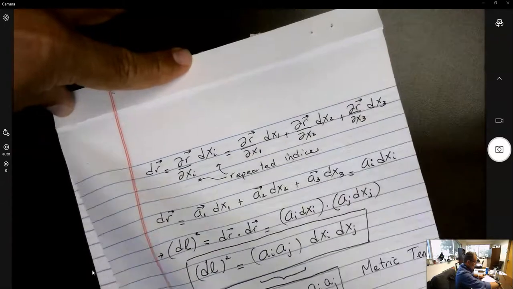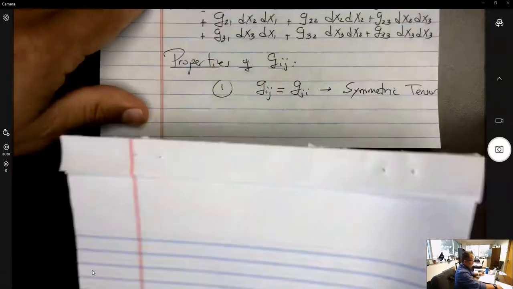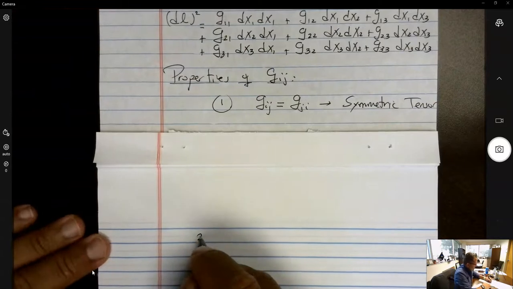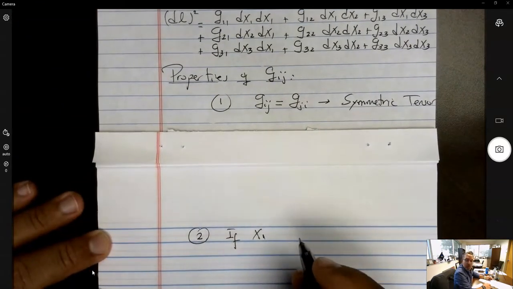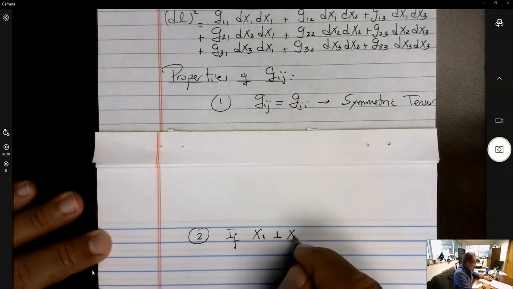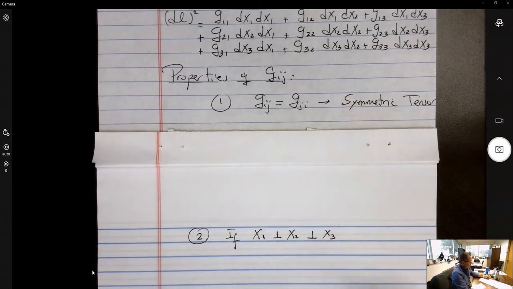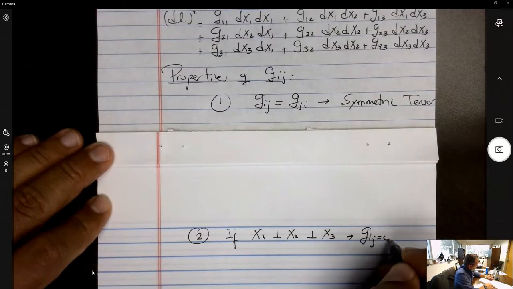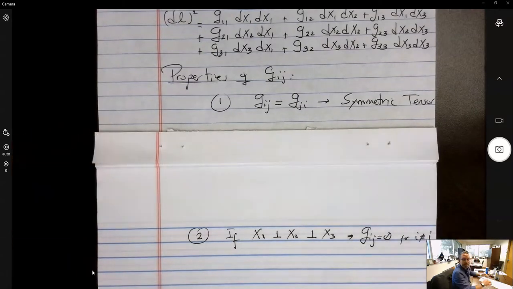Furthermore, another important property of it, so it is always symmetric, no matter what. And another important property is that if coordinate 1 is perpendicular to coordinate 2 and it's perpendicular to coordinate 3, then Gij is equal to 0 for i different than j.